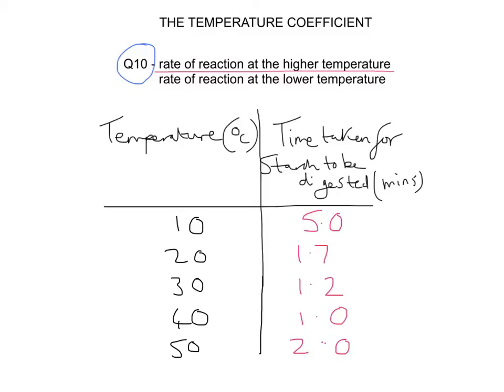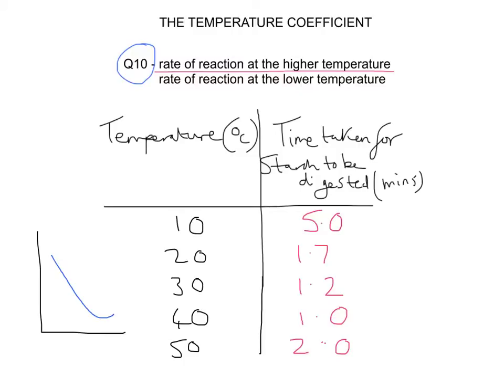So if we were to draw a graph of this, and again, this is a very, very rough sketch. If we imagine we had temperature on the bottom and time taken for starch to be digested up the side, you might get something a little bit like, I don't know, maybe this. But the key for Q10 is working out the rate.